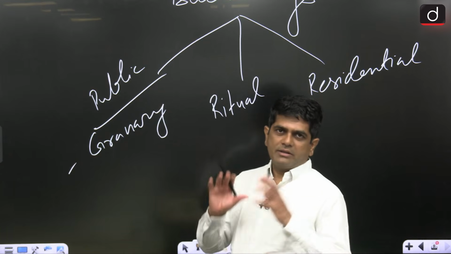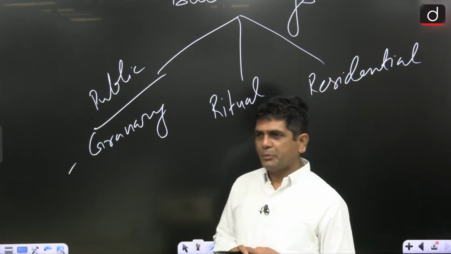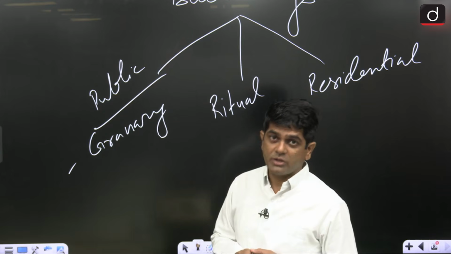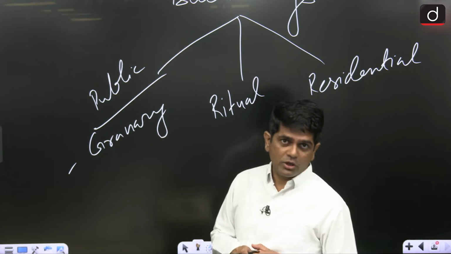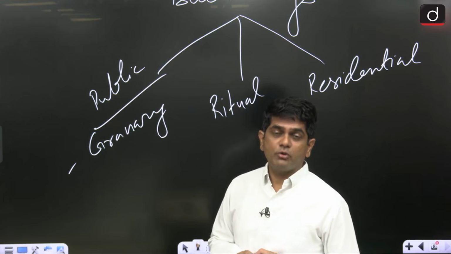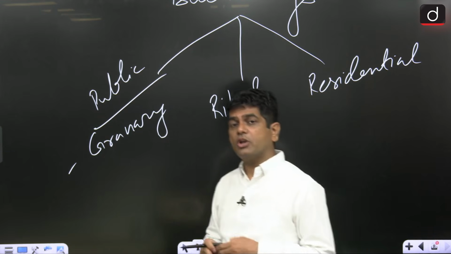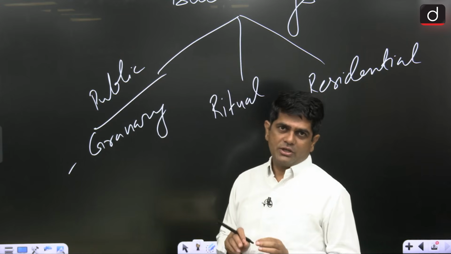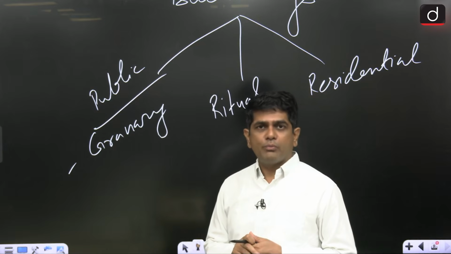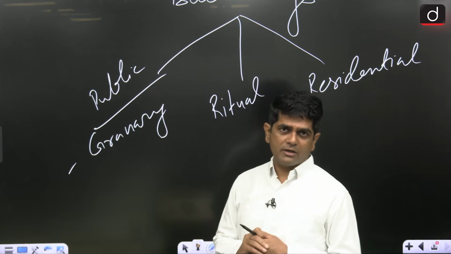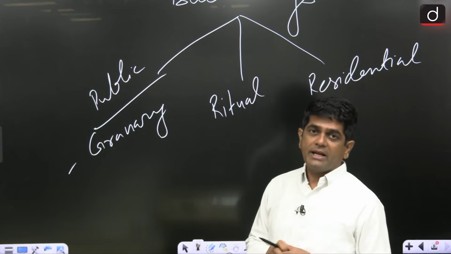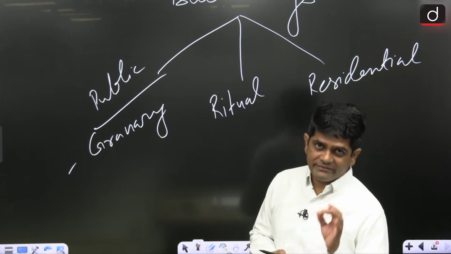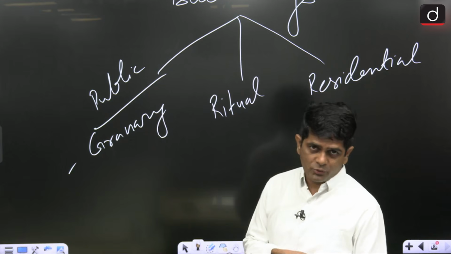We have the largest building made of burnt bricks located in Mohenjo-daro, and that building is called the Great Granary of Mohenjo-daro. It represents the largest building made of burnt bricks in the Harappan civilization. The granary was an important feature of various Harappan towns.